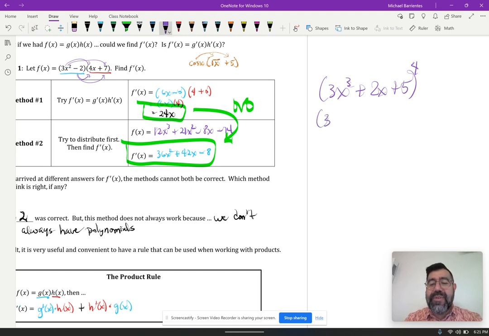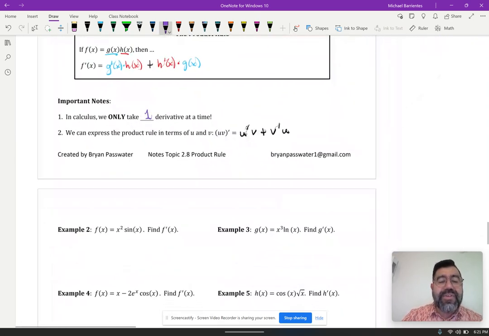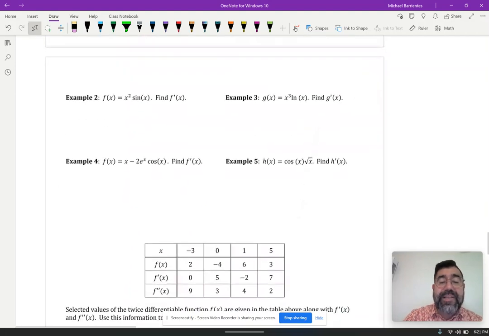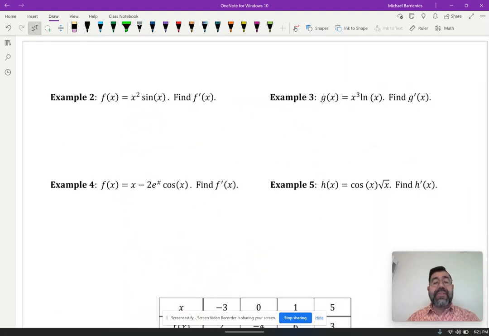I'm going to have to do this times this times that. You get the picture, right? 4 times? Well, I don't have time to do that. So the product rule says there is a shorter way. So we're going to practice the first two here in this video, and then we'll come back and practice more.